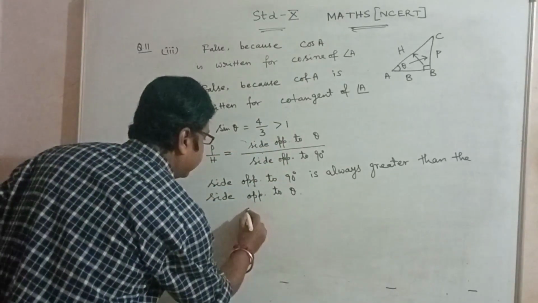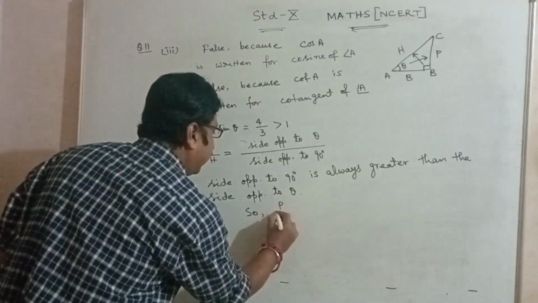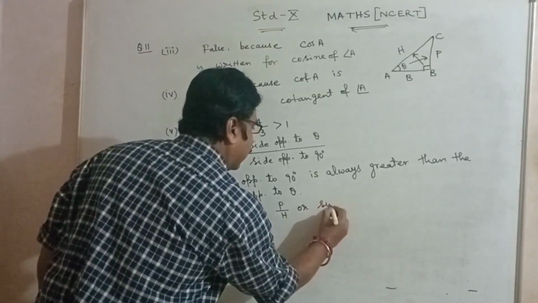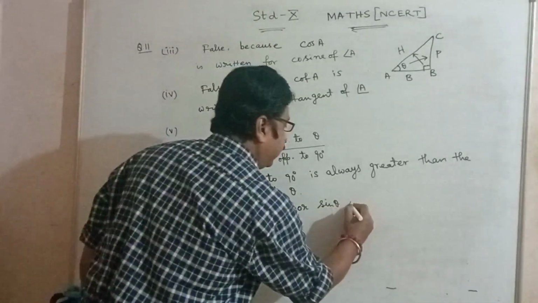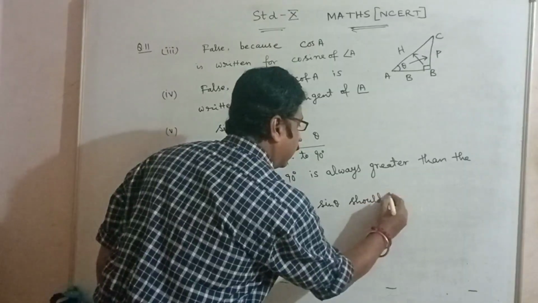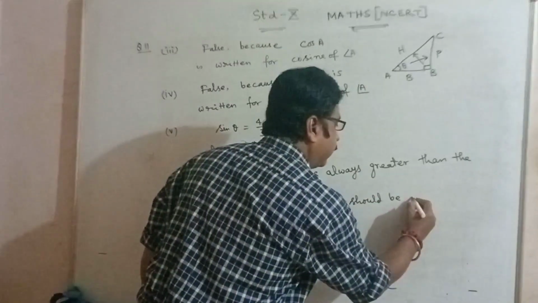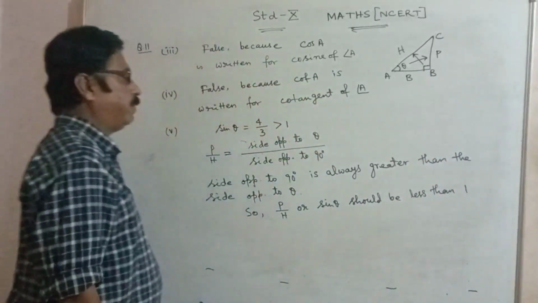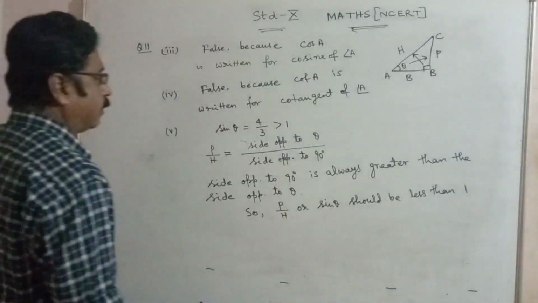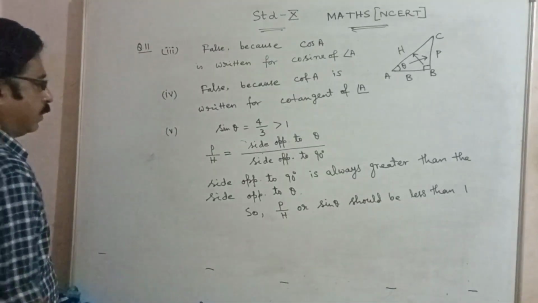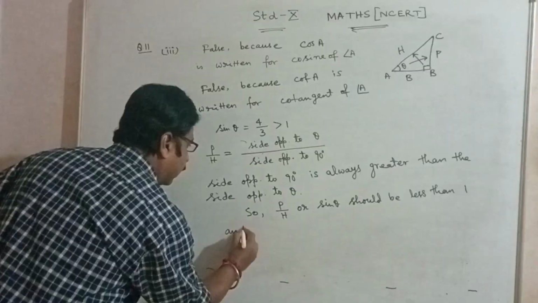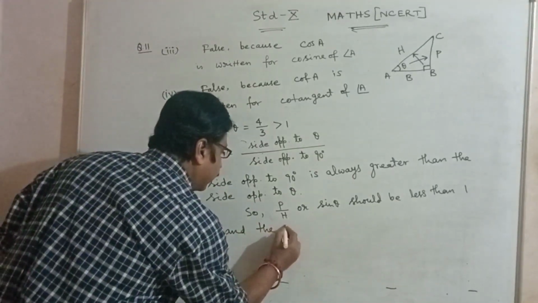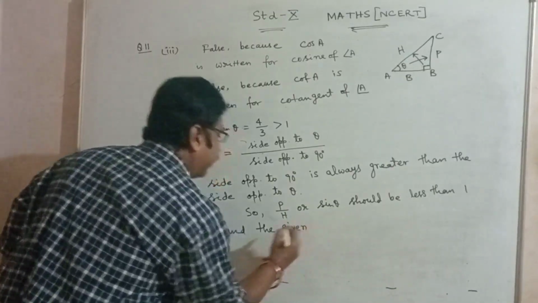So P upon H, or sin theta, should be less than 1. And the given statement is false.